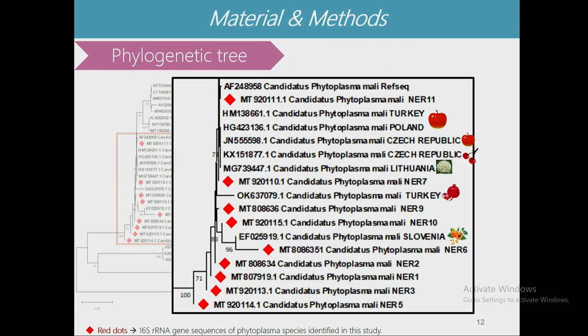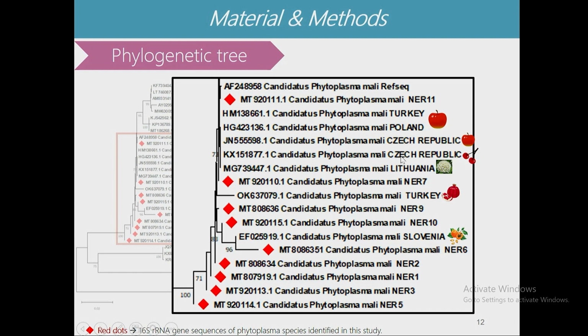So interestingly, we were thinking about, okay, it is in group 10, so how about the host versatility? And we look at our phylogenetic tree in a closer manner, and we see Phytoplasma mali isolates from Turkey, Poland, and Czech Republic, which are showing the host as apple.